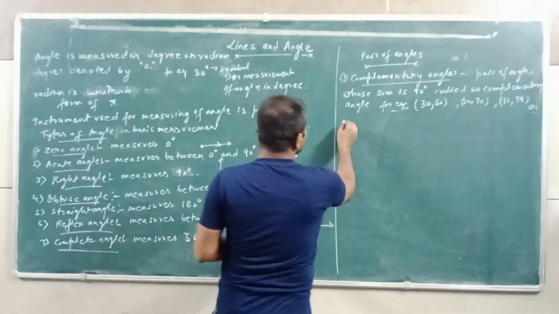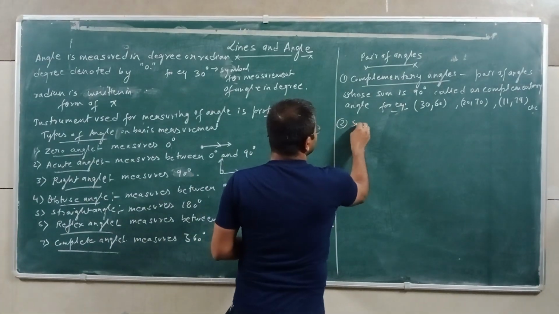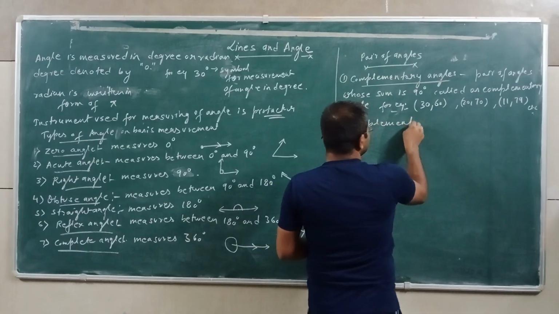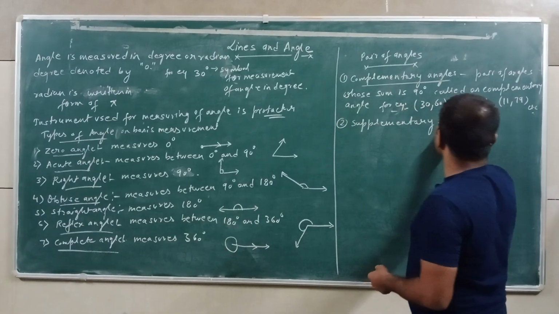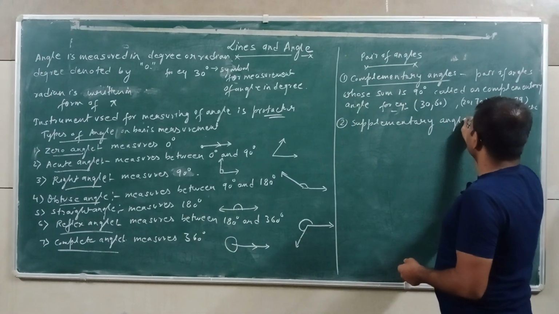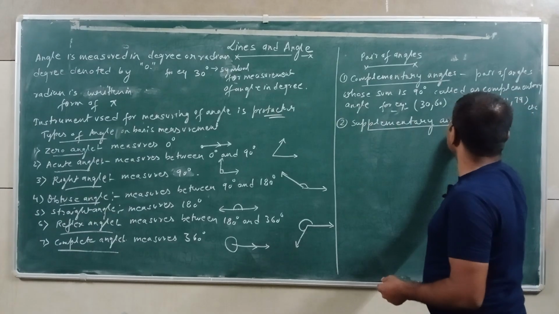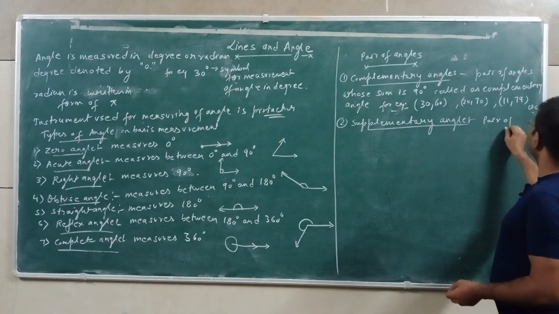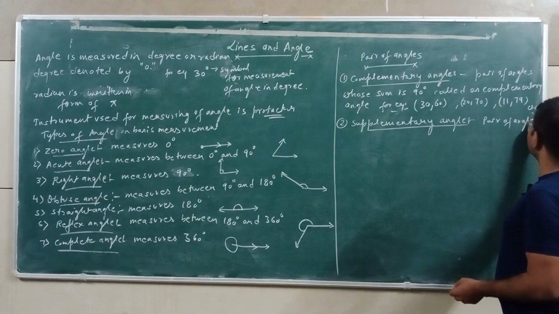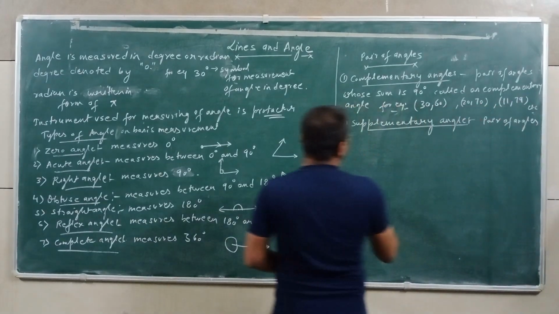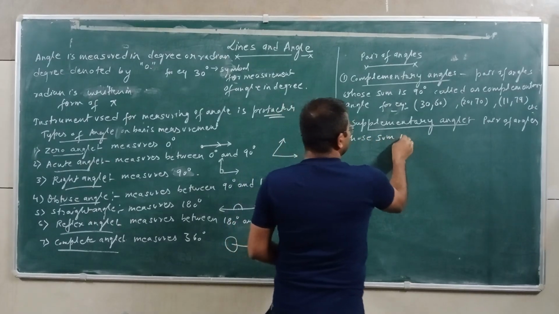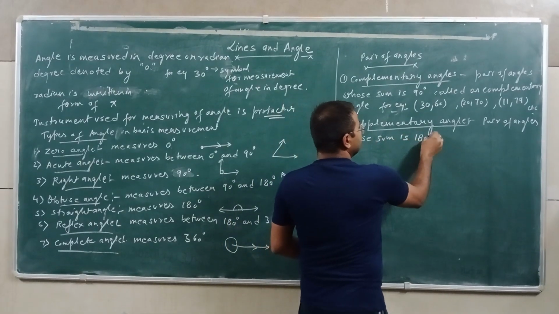Okay. Now second one is supplementary angle. Supplementary angle means a pair of angles whose sum is 180 degree.